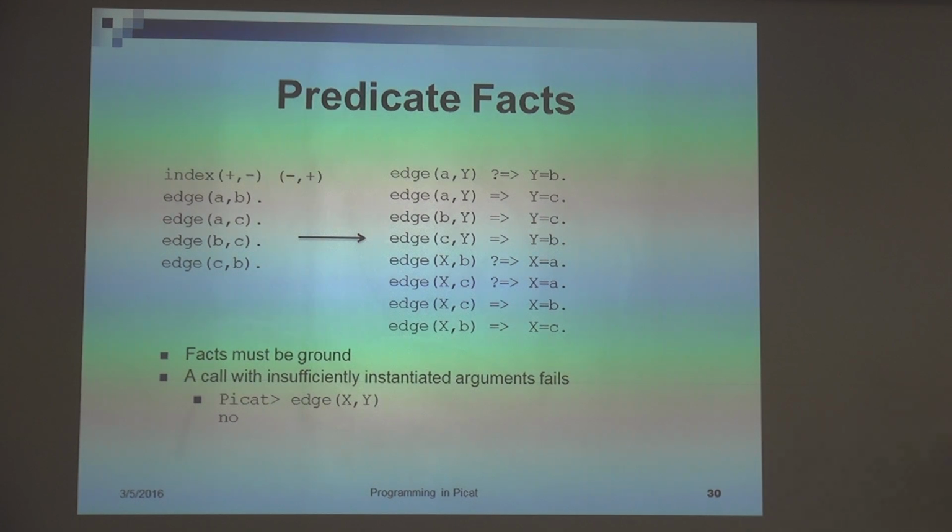For that, Picat allows you to just have predicate facts, and before you give a list of predicate facts, you also declare index declarations, which tell the system how these facts are going to be indexed.